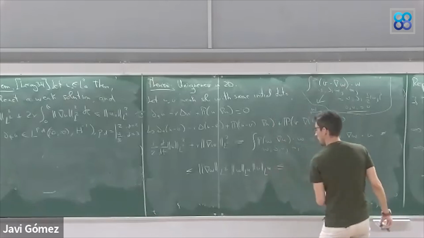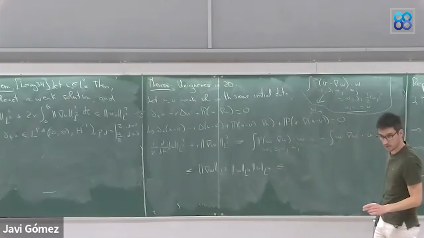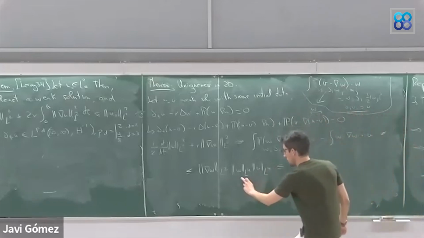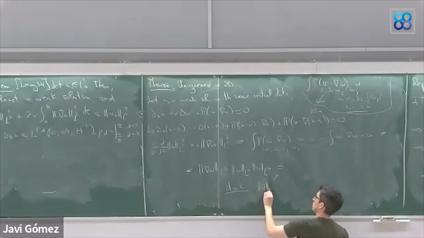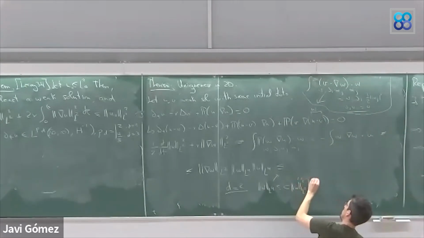So let's use the Ladyzhenskaya inequality, which is a particular case of Gagliardo-Nirenberg, all these interpolation inequalities, at the L4, and this is now for dimension equal to 2. So the L4 norm is bounded by, I think there is no constant, but I'm not sure, so I'm going to put a constant, L2 to the 1/2, one derivative to the 1/2.